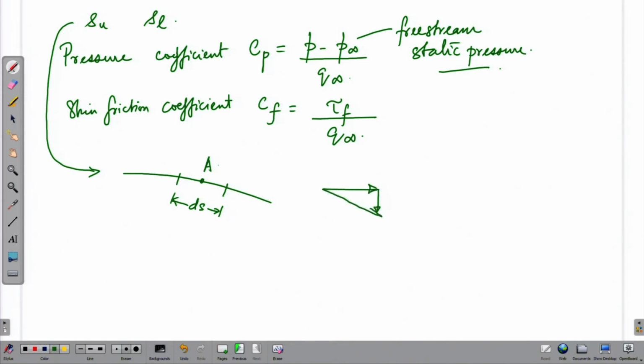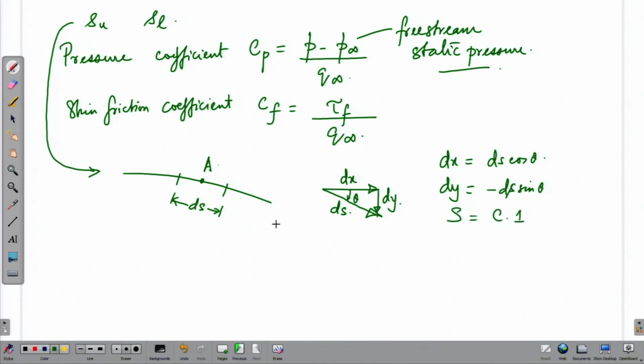So, if ds is a directed element, and this is its inclination, we can have the corresponding dx and dy which can represent it. So, dx will be ds cos theta, dy would be minus ds sin theta, and of course, S is C into 1, which we already discussed for 2D bodies.